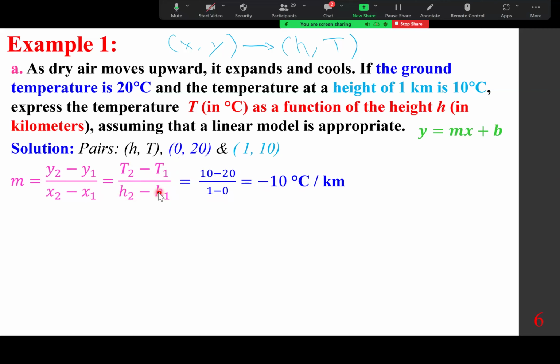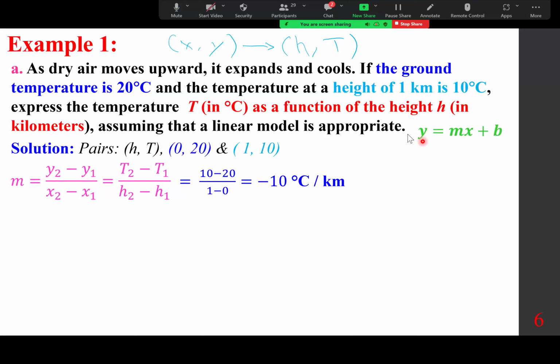We use y equals mx plus b whenever b is known. (0, 20) means, instead of saying the y-intercept, the t-intercept is known. So we have m, which is negative 10, and instead of y, we are going to use t.